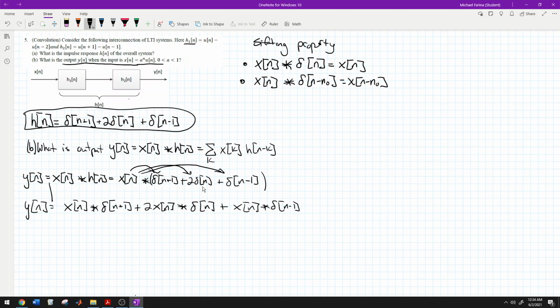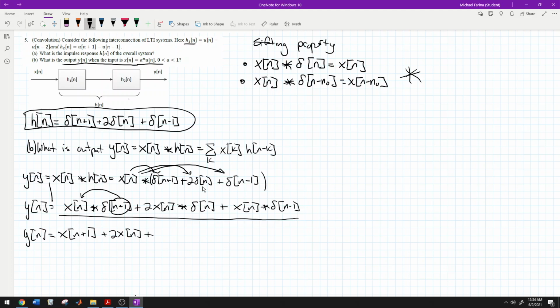And now we can apply these sifting properties up here. We're just going to take whatever's in here and replace it. So we get y of n is equal to x of n plus 1 plus 2 x of n plus x of n minus 1.